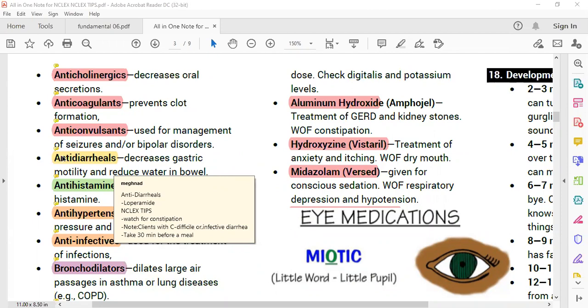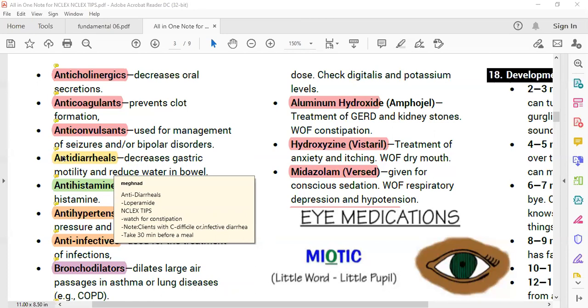But keep in mind, when you give loperamide, watch for constipation. It may also cause rebound constipation. We give medication to stop diarrhea, but there is a chance they can develop constipation.